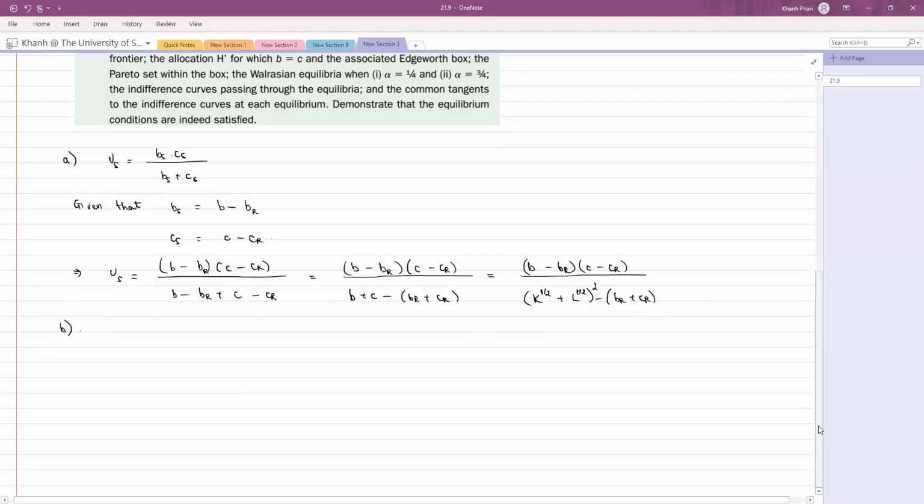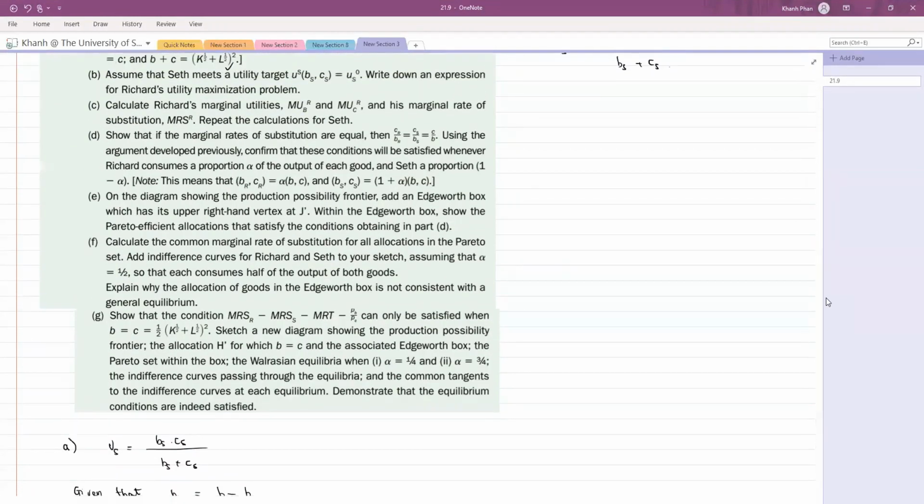All right, so part B is asking you to show, so assume that Save is meeting a utility target of US0. Write out the expression for Recharge's utility maximization problem.